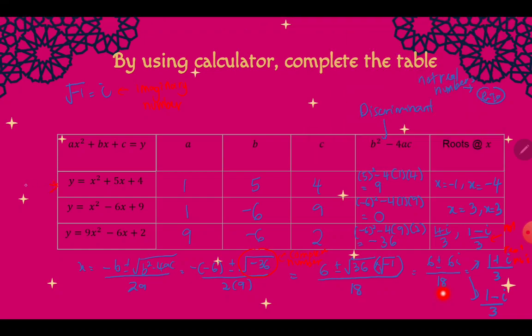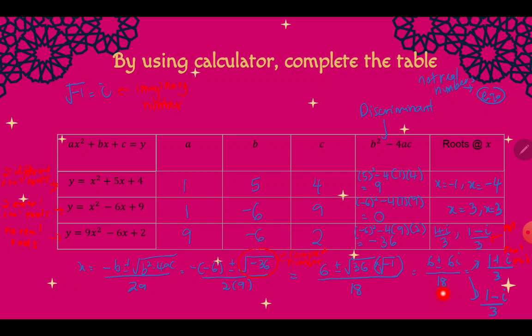for this one, we will have two different real roots. For the second one, we have two equal real roots. And for the third one, since the value of x that we have is a complex number, and a complex number is not a real number, we say that it has no real roots.